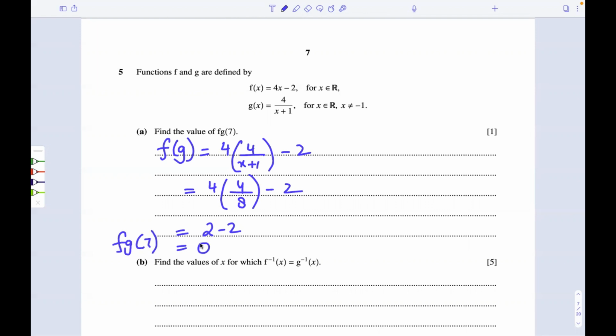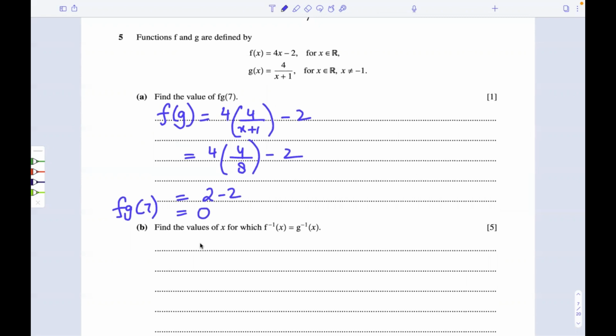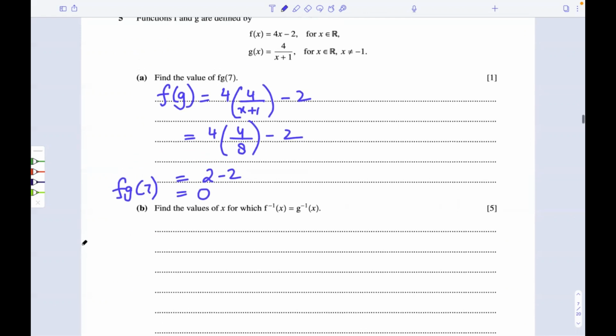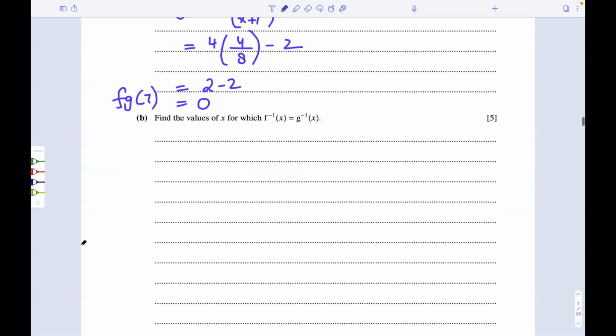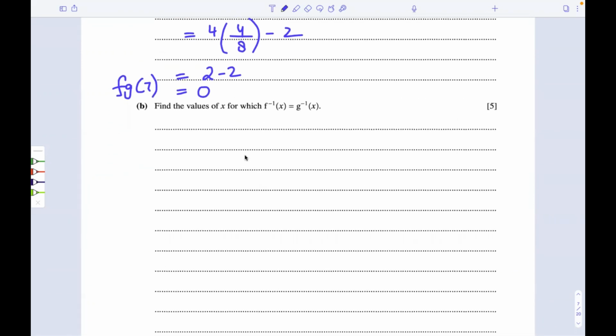So fg of 7 would become 0. In the next part, we have to find the value of x for which f inverse of x is equal to g inverse of x. Now to do that, the first thing we need to do is find the inverse of f and the inverse of g. The step to find the inverse is, first of all, we can write the function f, which is 4x minus 2.